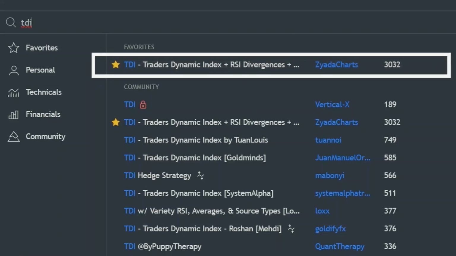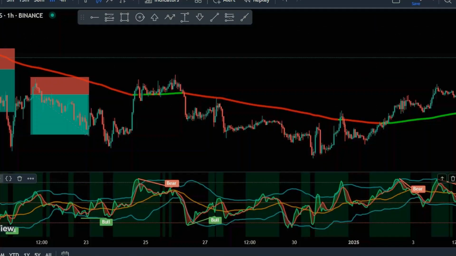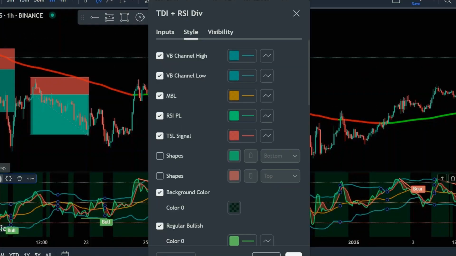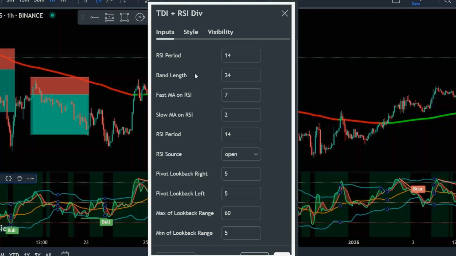When you add it to your chart, it will be visible. So let's go to the settings. I don't think I changed anything in this particular indicator. You can see this is the figure. You leave the figure as it is. You don't touch anything. You use the default setting, and you press OK.